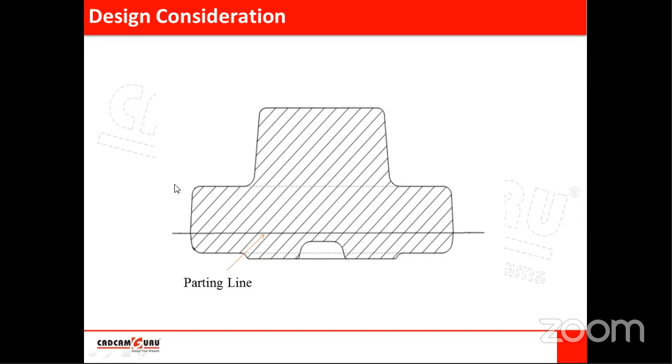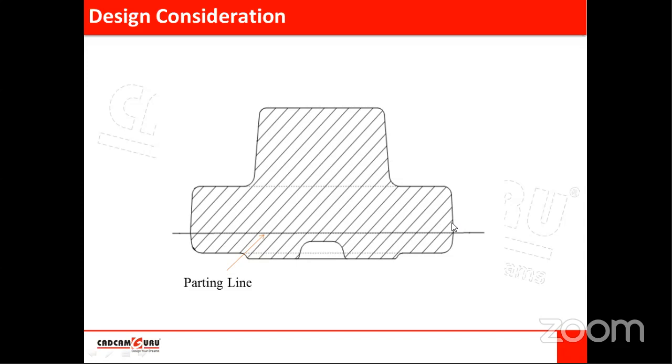It's not exactly half, and we cannot place the parting line at this location, as it's not per the manufacturing process. We will see why we cannot place the parting line here, and what the exact location of this parting line is and what the different dimensions are.